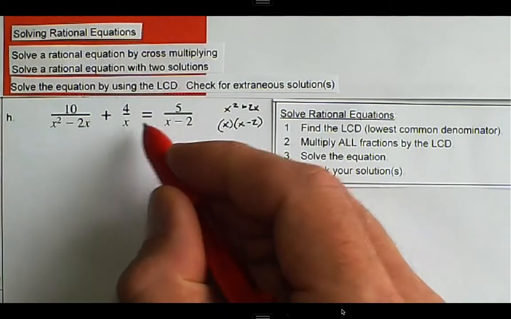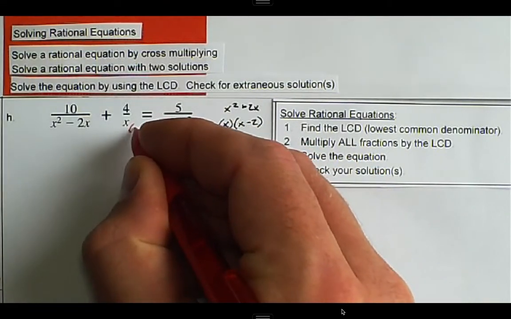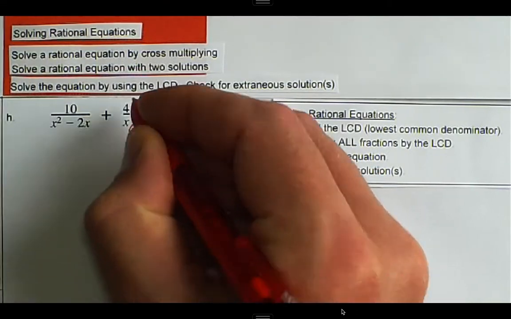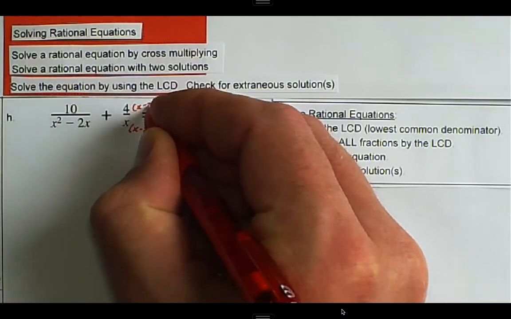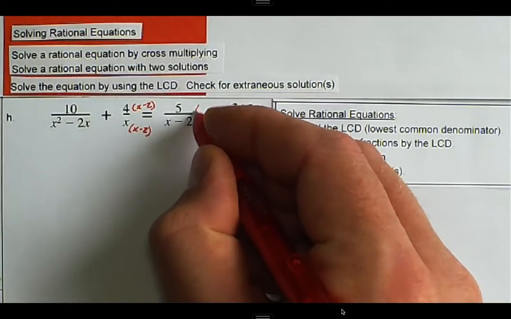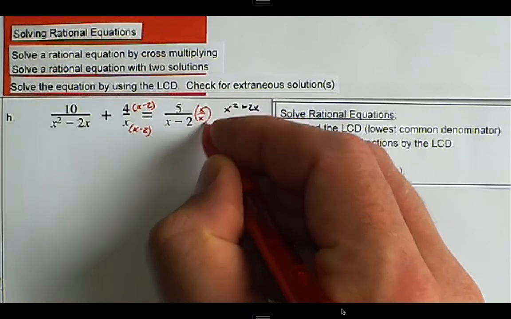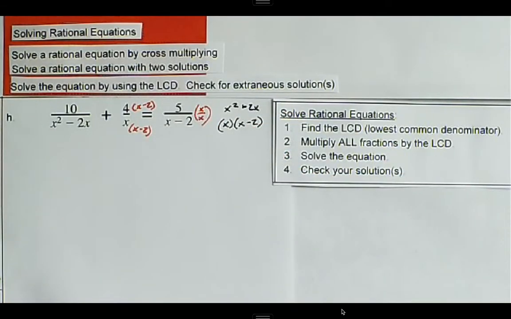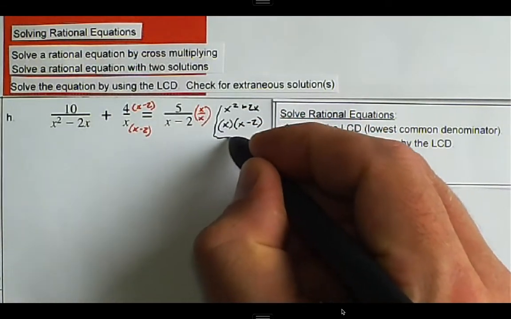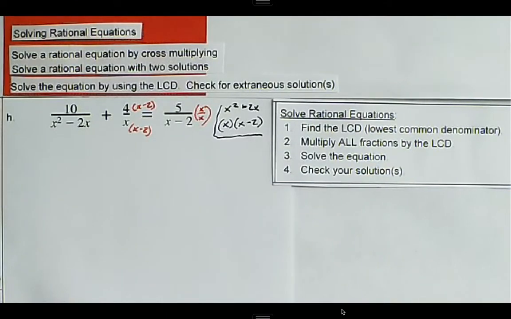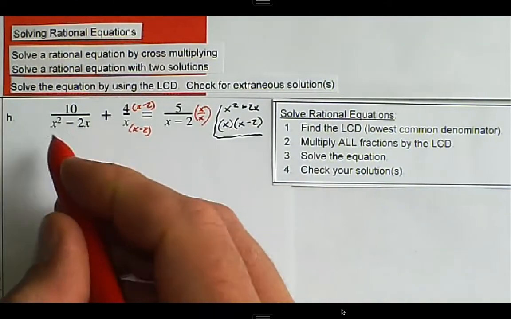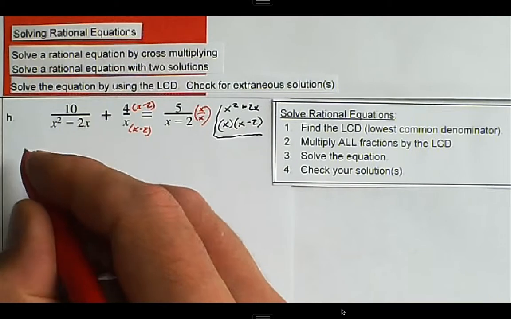So what's missing from this x? We're missing an x minus 2. So we have to multiply that by the numerator as well. And what's missing here? We're missing an x over x. And so now we just have to distribute. And we didn't do anything to this fraction, so that one just gets written down.